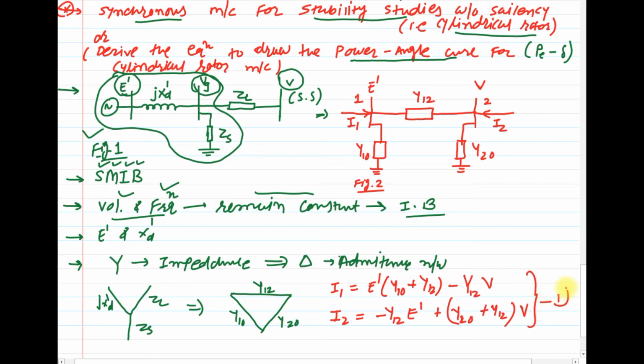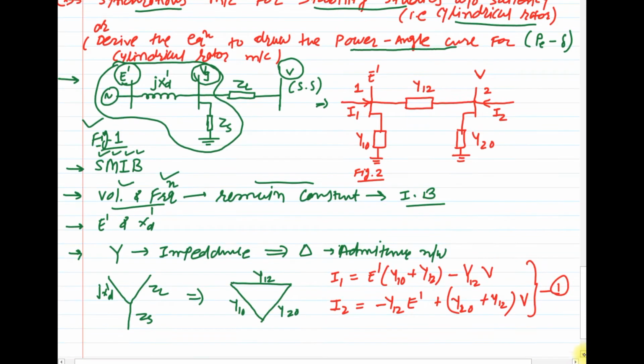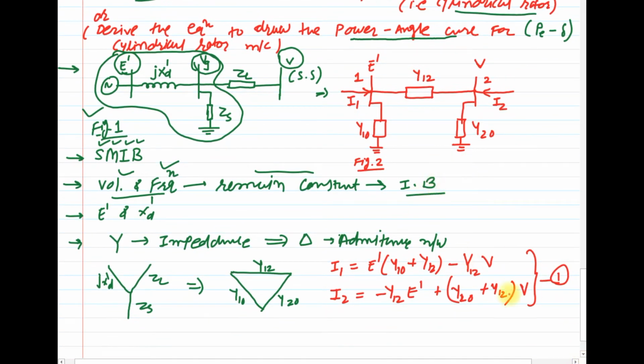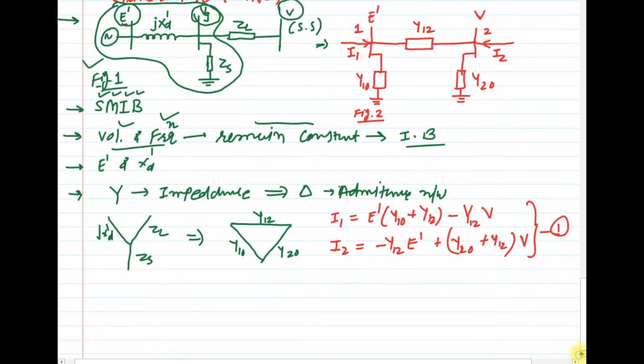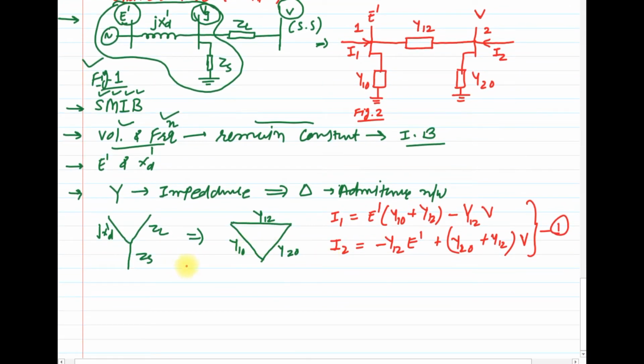This is equation number 1, which shows the nodal equation from figure number 2. Just write it in matrix form, so you will get the admittance matrix, current matrix and voltage matrix that we have already derived in chapter number 1, which is power flow analysis. Clear?